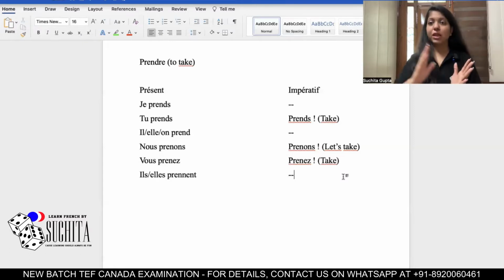Now, tu prends. The imperative is prends. The meaning is take. So let's say if I'm giving orders to one of my friends. Of course, with friends, we share the informal relationship. That's why I'm going to give the order to tu over here. So that's why the form would be prends. I would say prends ton dîner. With nous is we. So prenons would mean let's take.